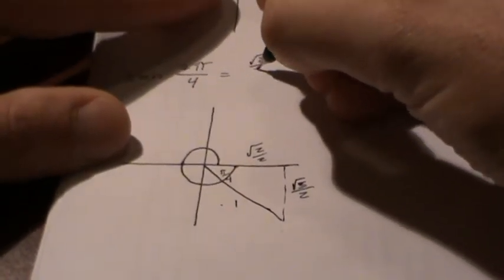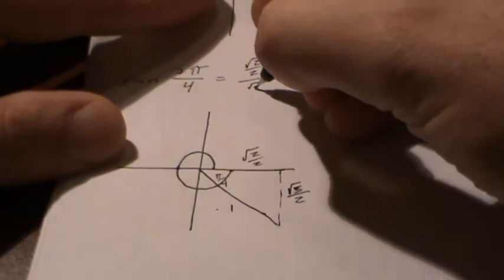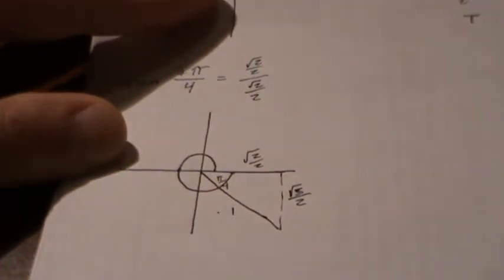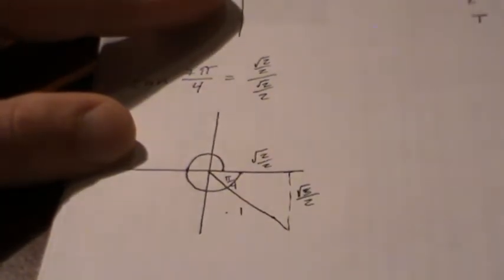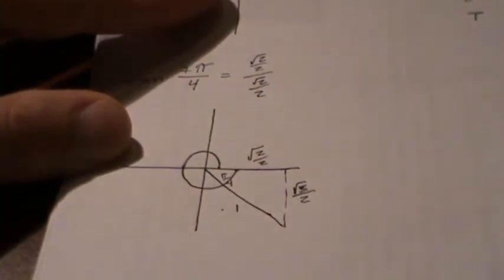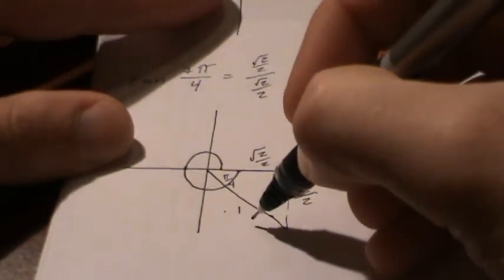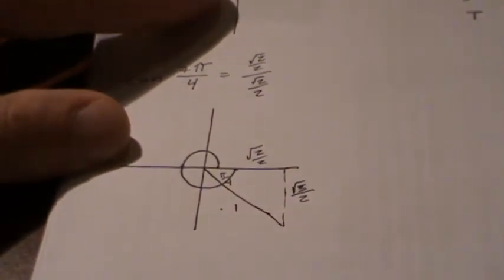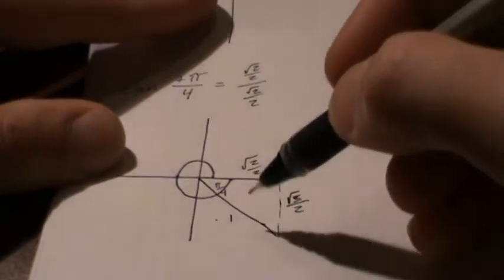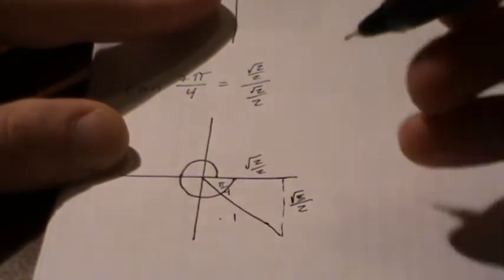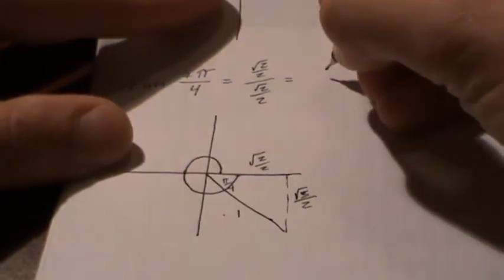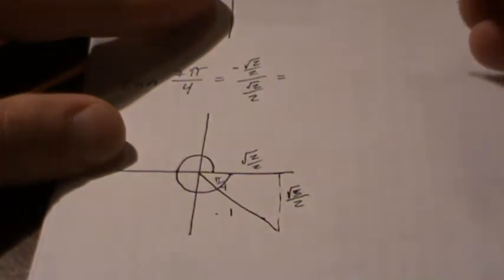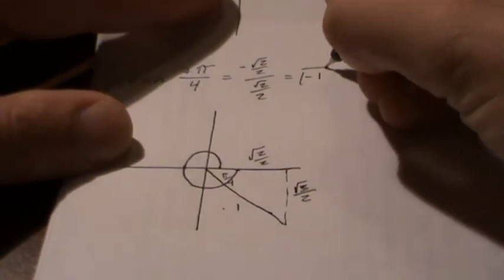Square root of 2 over 2 divided by the square root of 2 over 2. And if I think of my CAST thing, only cosine is negative here, and only cosine is positive here. And so, therefore, this actually must be negative. And so, in the end, it's a negative 1.